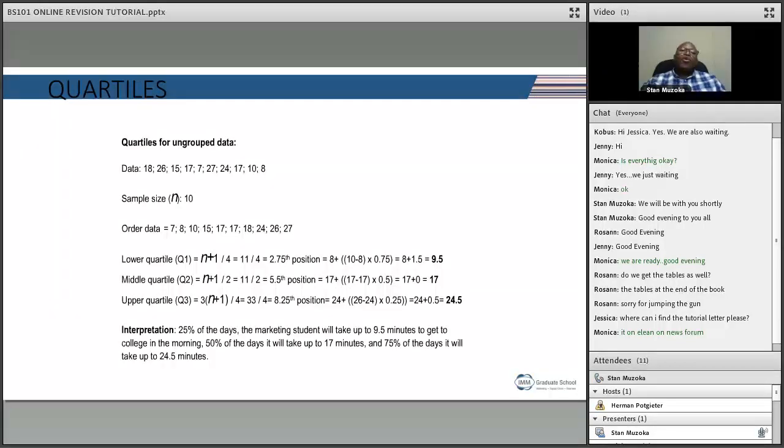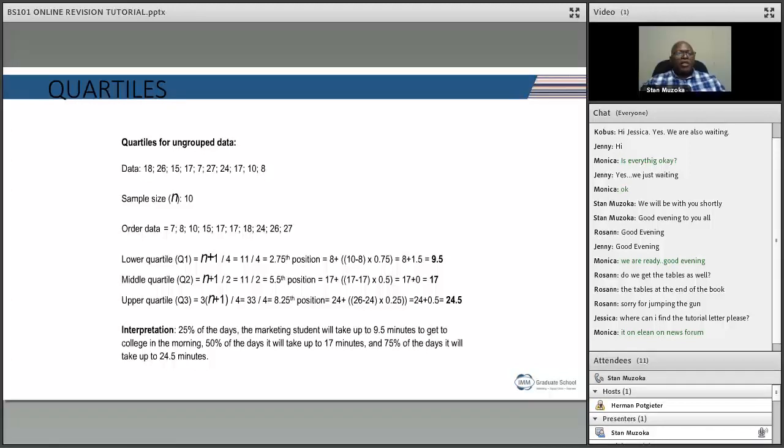Quartiles. Quartiles will divide your data set into 4 equal parts. Again, they are position measures. You need to calculate the first quartile position. It is n plus 1 over 4, the 2.75th position. It is between the second and the third observation.